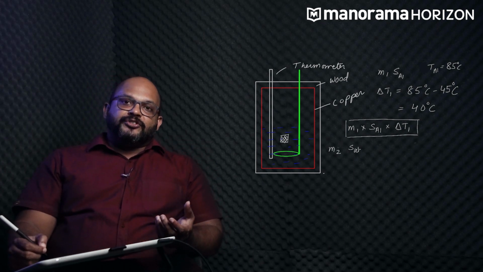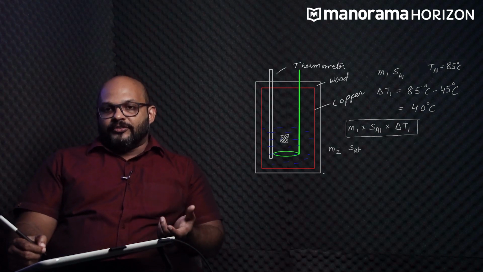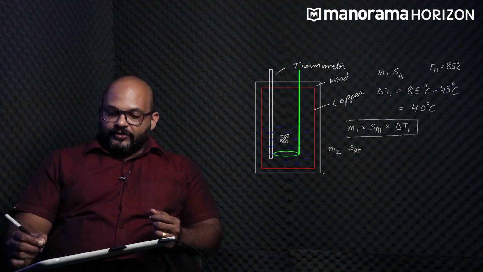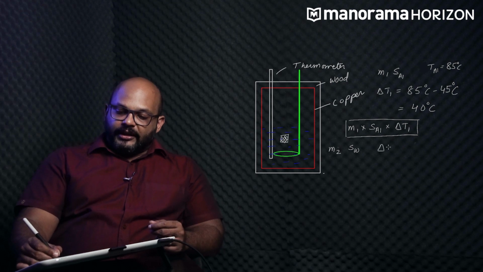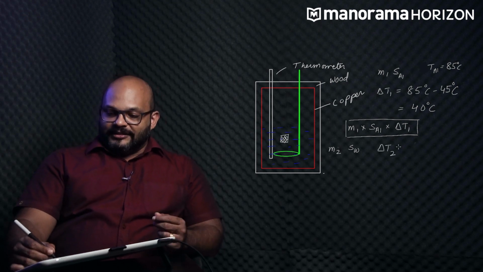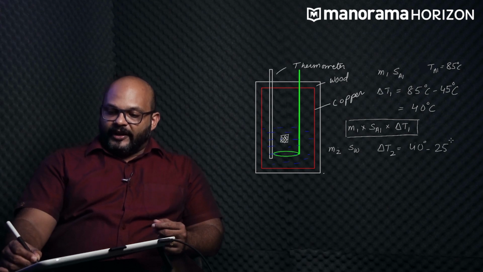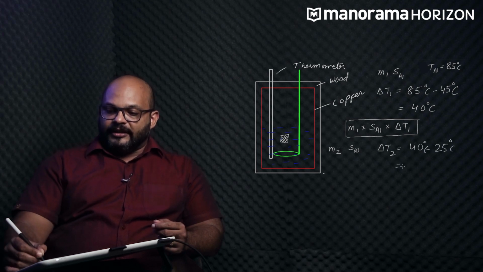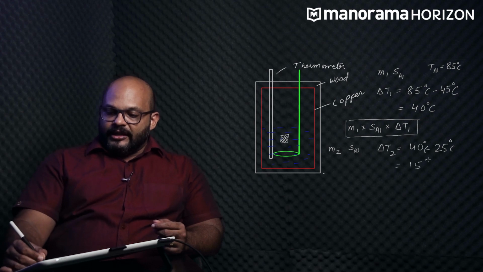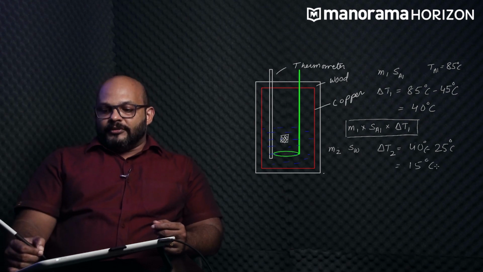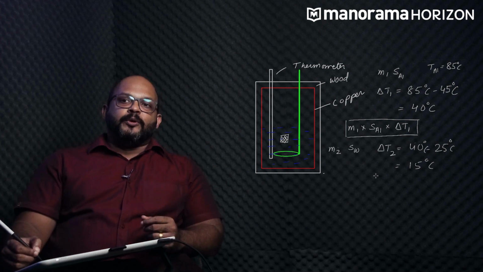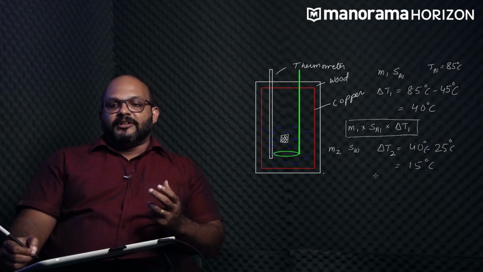Let's say the temperature change was going from 25 degrees Celsius to 40 degrees Celsius. This is delta T2, equal to 40 degrees Celsius minus 25 degrees Celsius, which gives us 15 degrees Celsius. So the temperature change delta T2 in this case is 15 degrees Celsius.